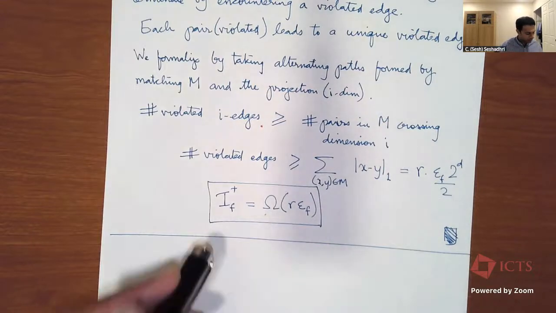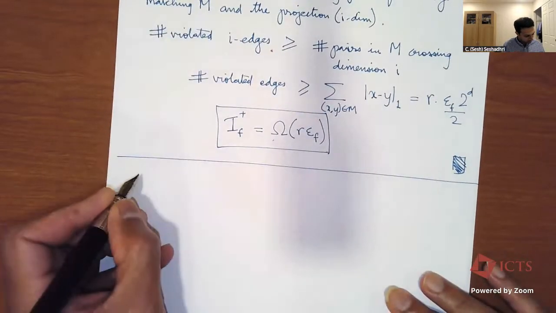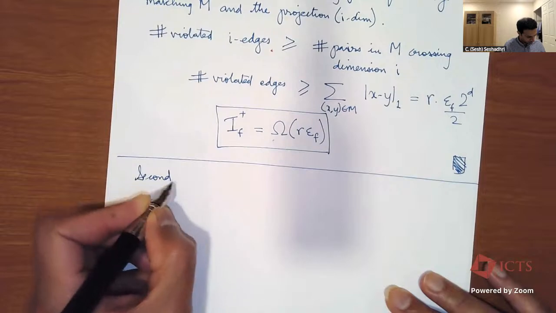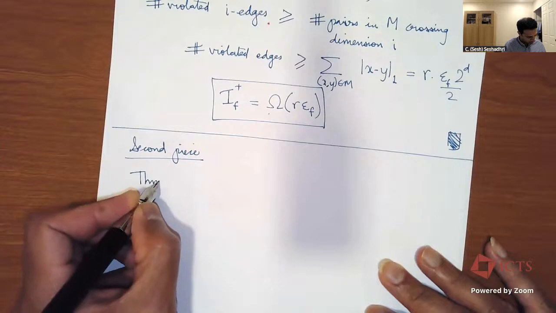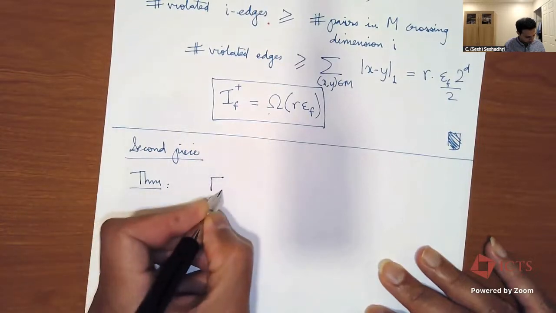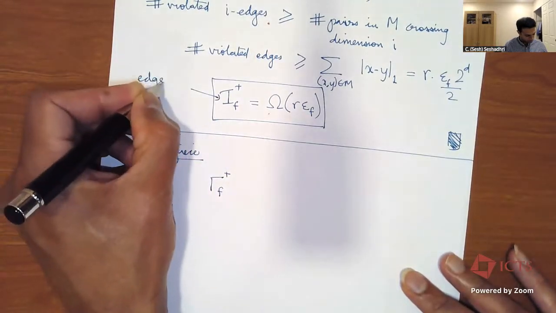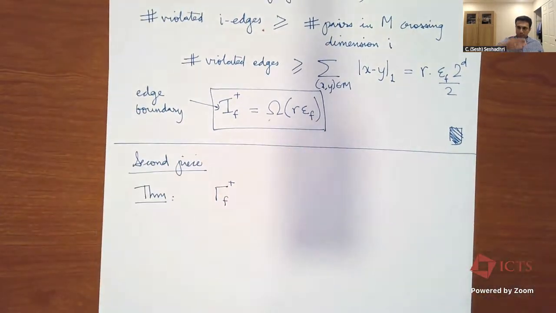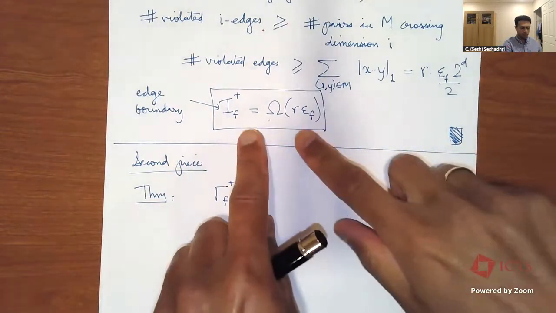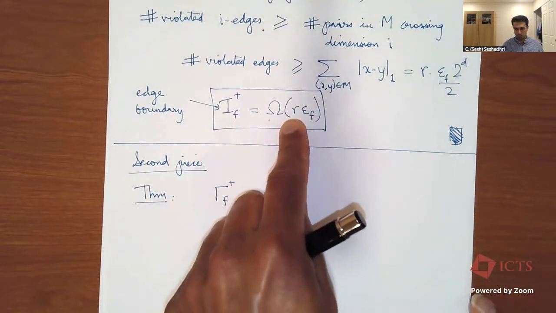So what I gave you was one piece. The second piece, the theorem that we get over there, so this was the edge boundary. What it says is when that minimum distance matching is really far, then the edge distance increases. But when it's really close, then you start going back closer and closer to Poincare.